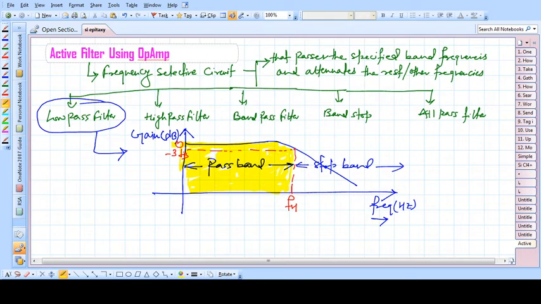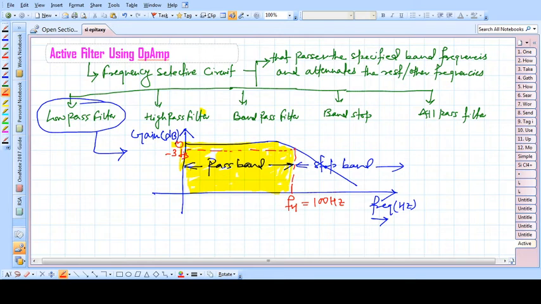And the other one is our stop band. So in a low pass filter, for the time being I am considering this fH equal to 100 hertz.